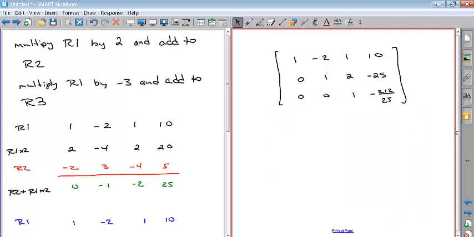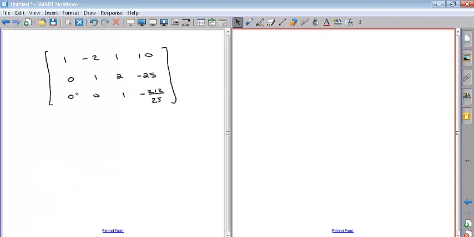So we have to take our matrix, and first thing we do is create a 0 here and a 0 there. So what we're going to do is take row 3 and multiply by -2. That's so I can eliminate this term. So let's write down row 3 first.